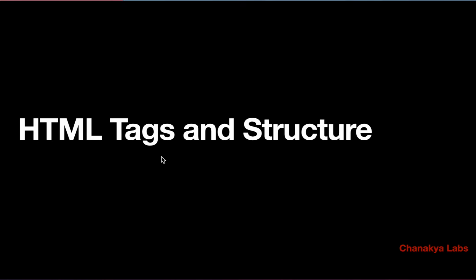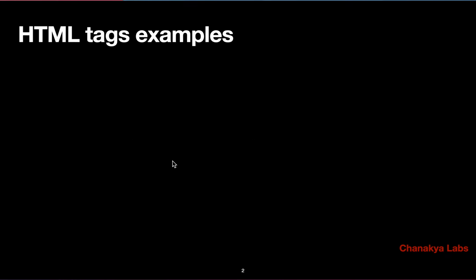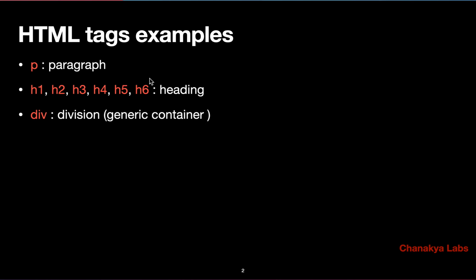In this module, we are going to see the basic structure of HTML and some of the HTML tags. In the earlier module, we have seen the p tag, which means paragraph, and h1, h2, h3, which are headings.